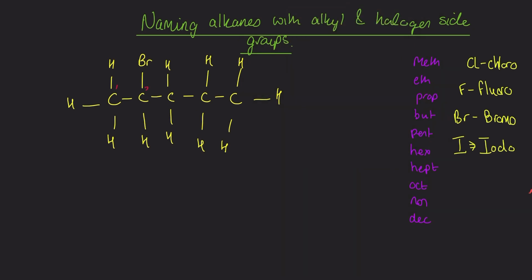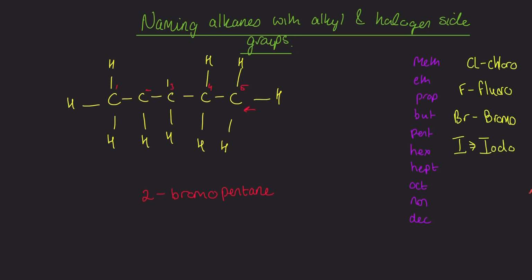So we must number in the direction in which the side group will get the smallest number. If we numbered it this way, the side group will get a number 4. So we're going to go with the red version. Now how many C's do we have in our backbone? 5, so it's going to be a pentane. And then the bromine, you see, is attached to the second carbon. So it's going to be 2-bromopentane.